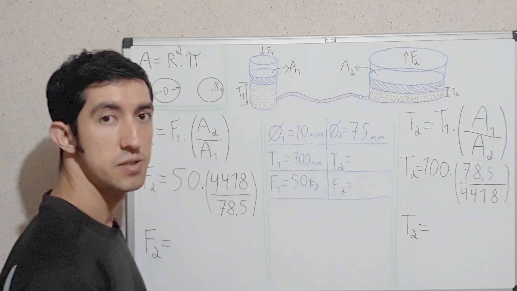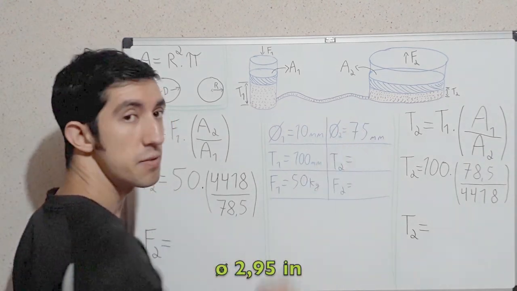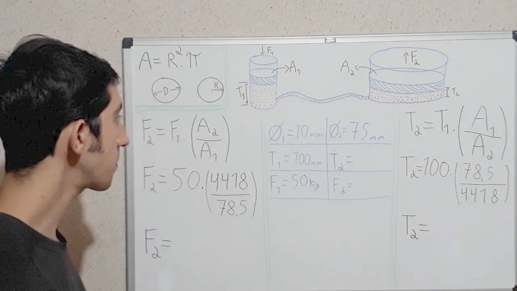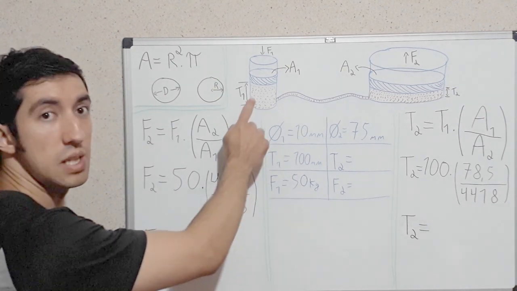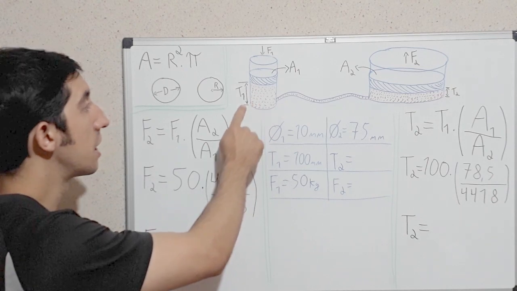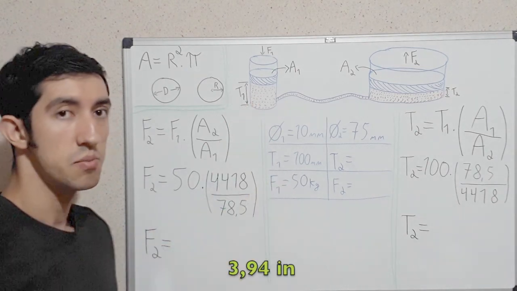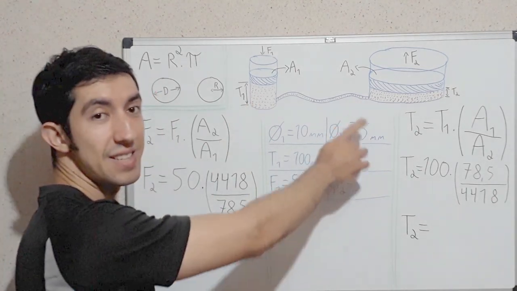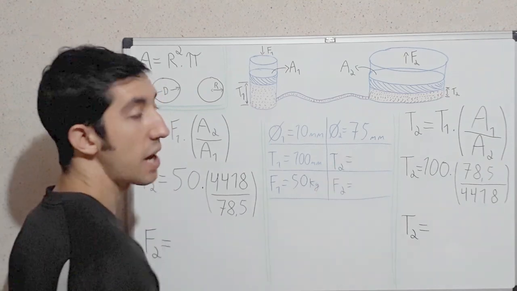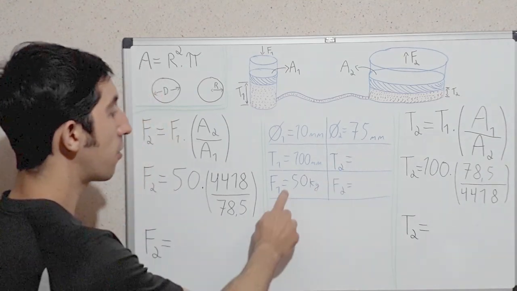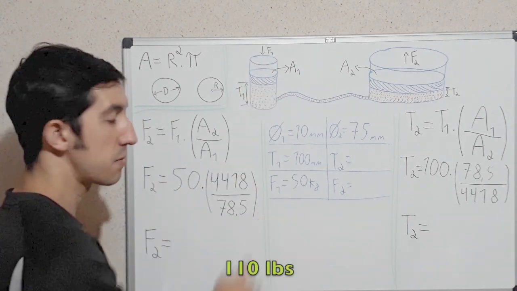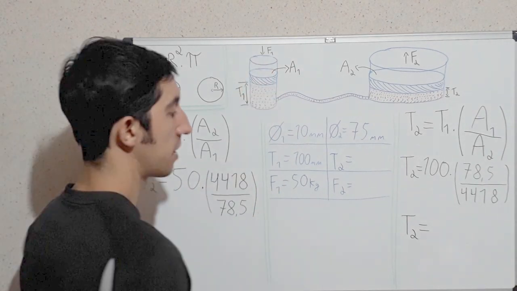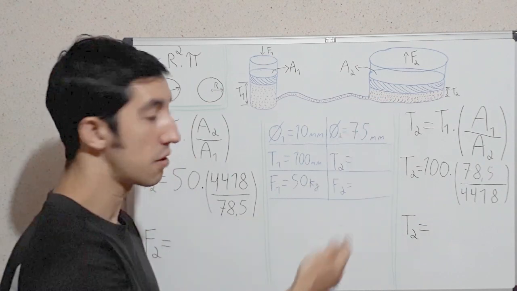The diameter of the second cylinder is 75 millimeters. The travel we're going to be using in this first cylinder is 100 millimeters. The travel in the second we're going to find out. The force we're going to be using here is 50 kilograms. The force in the second we're going to find out.